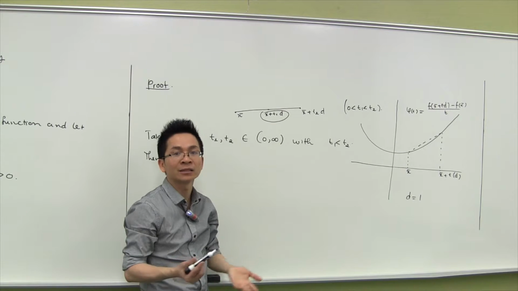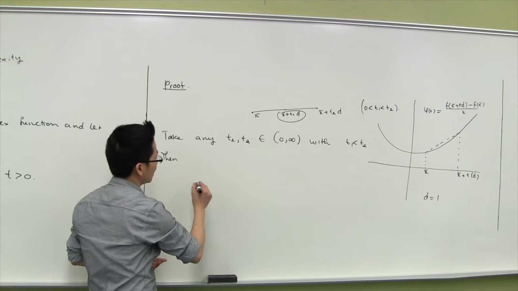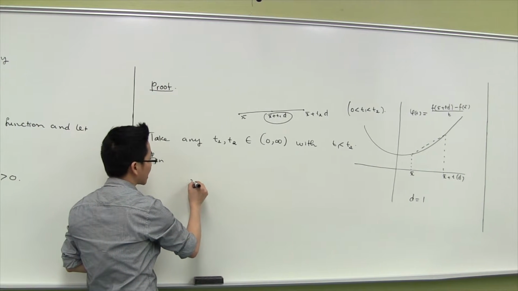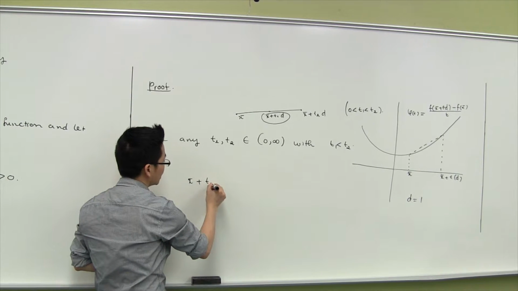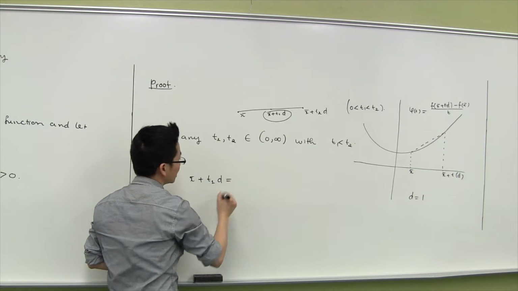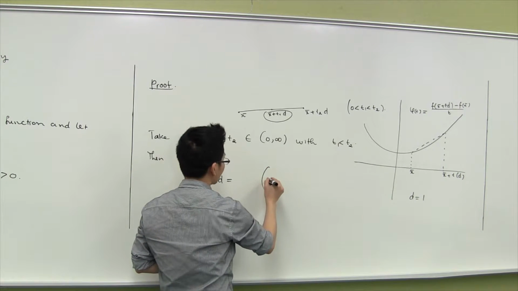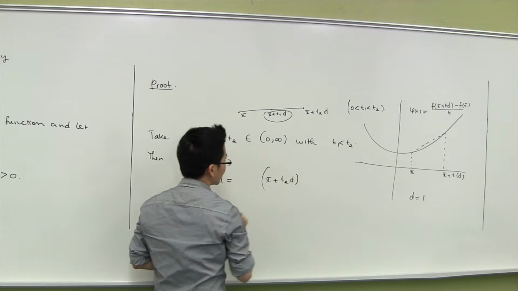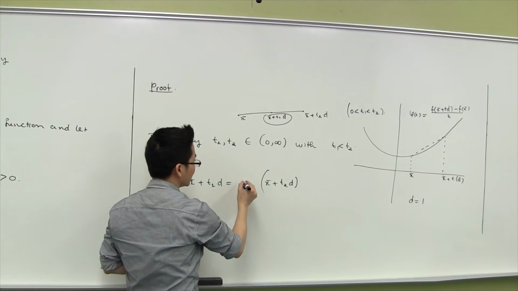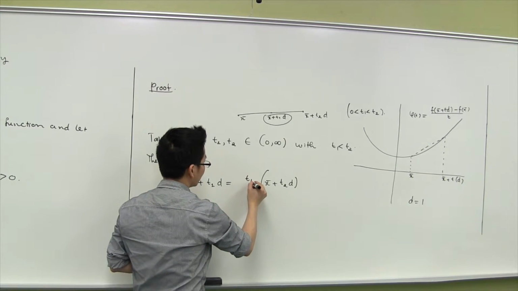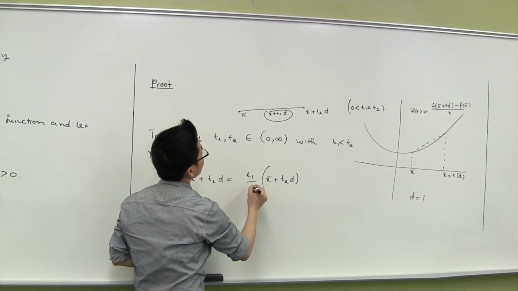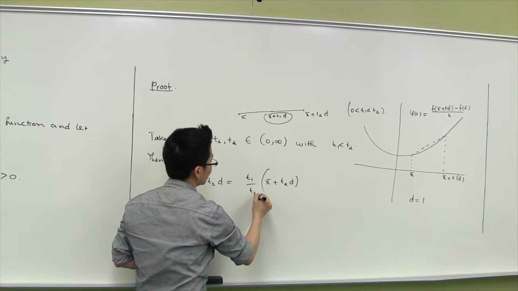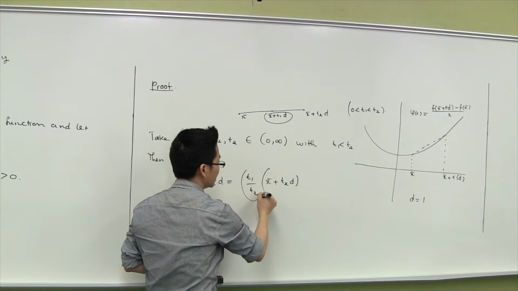How can we have that representation? Let us write it this way: x bar plus t1 times d is equal to, over here we write x bar plus t2 times d, and we multiply by t1 over t2, which is a number between 0 and 1.